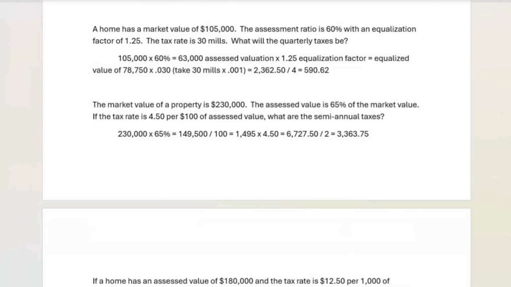So you'll divide by 100, and that will give you 1,495 increments. You then have to multiply by your tax dollars of $4.50 to give you annual taxes of $6,727.50. But not your answer, because they are asking you for semi-annual taxes, which means twice a year. So you divide by 2 to give you $3,363.75 semi-annual taxes.